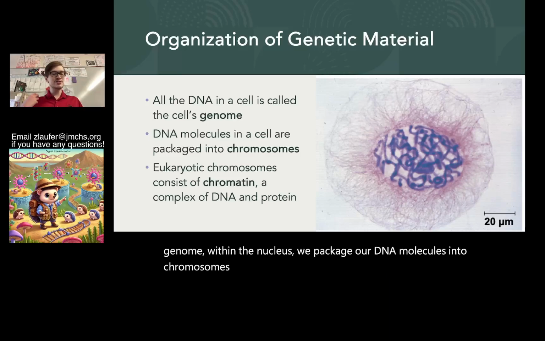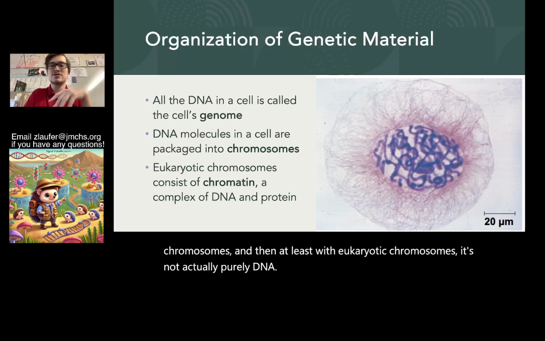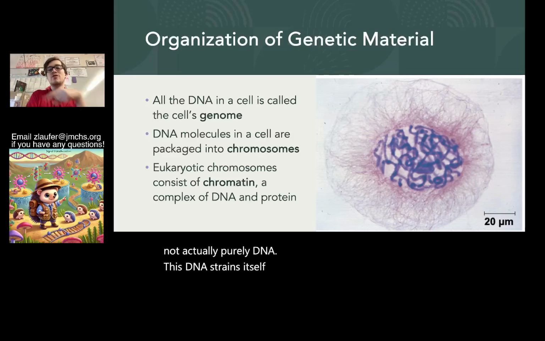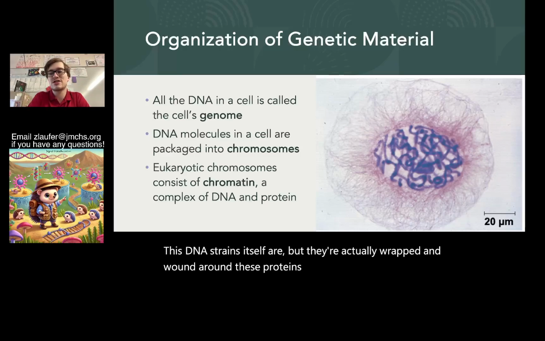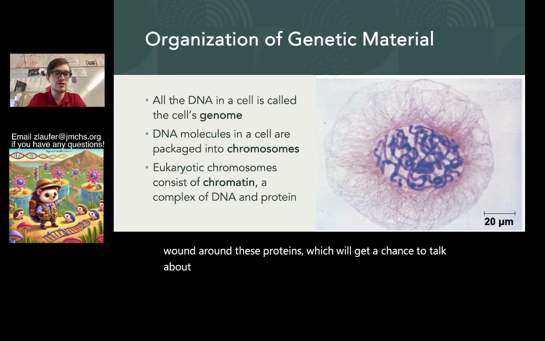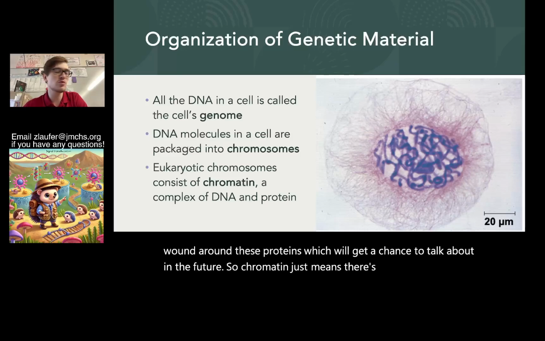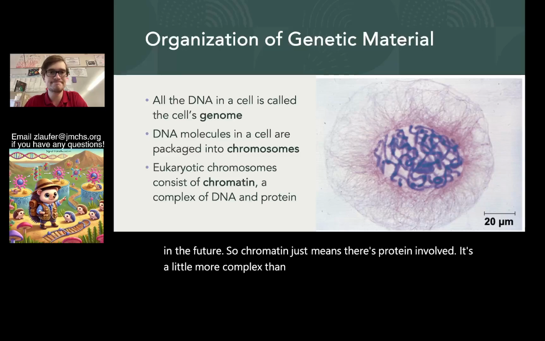And then, at least with eukaryotic chromosomes, it's not actually purely DNA. The DNA strands themselves are, but they're actually wrapped and wound around these proteins, which we'll get a chance to talk about in the future. So chromatin just means there's protein involved. It's a little more complex than just DNA.